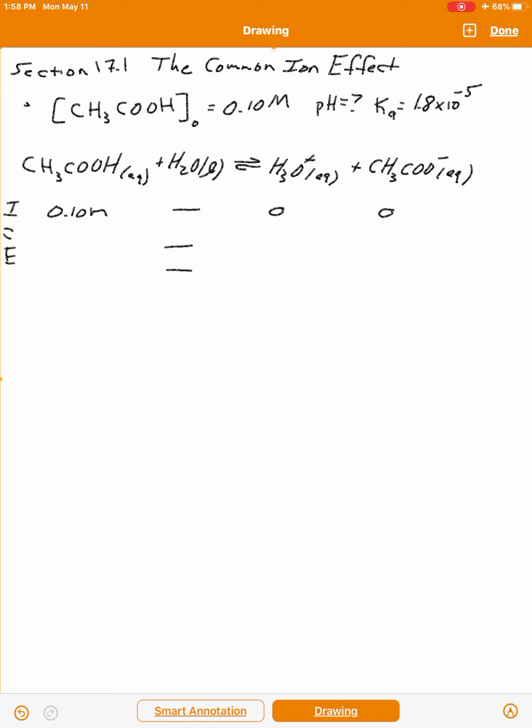The products start off as 0, right? We calculate Q, products over reactants, that's 0. So Q is less than K, which means we lose X on the left side and gain X on the right side for both products.